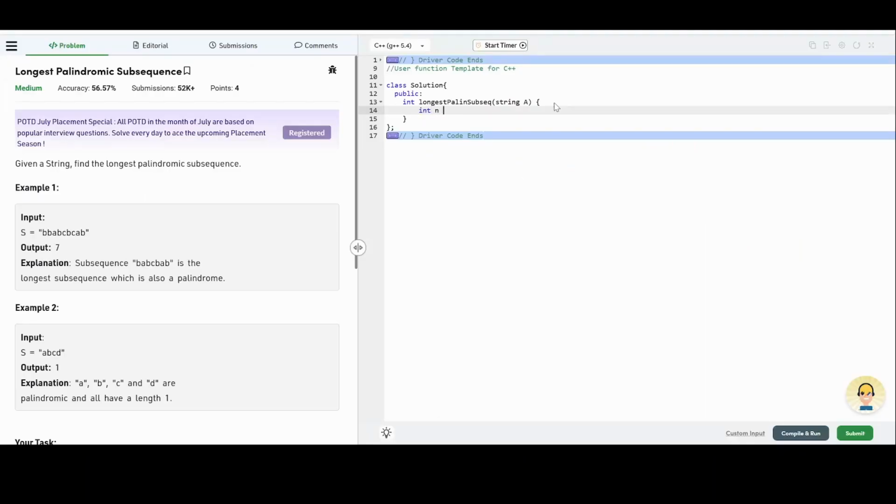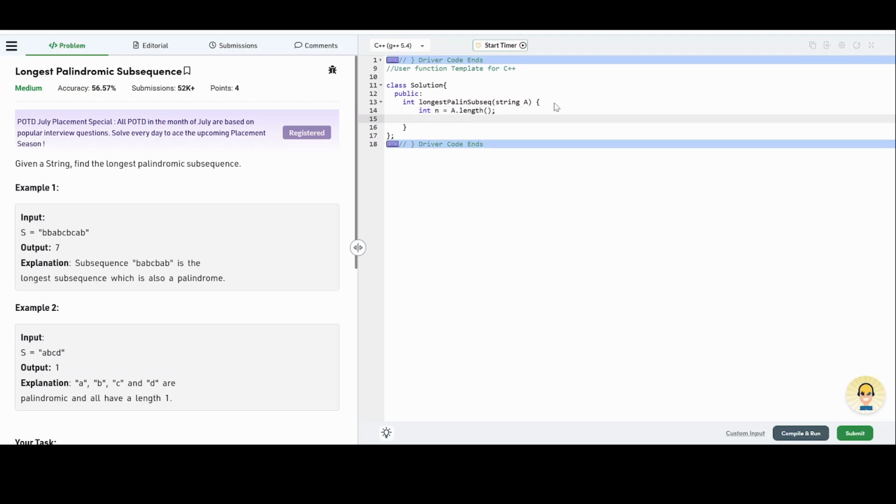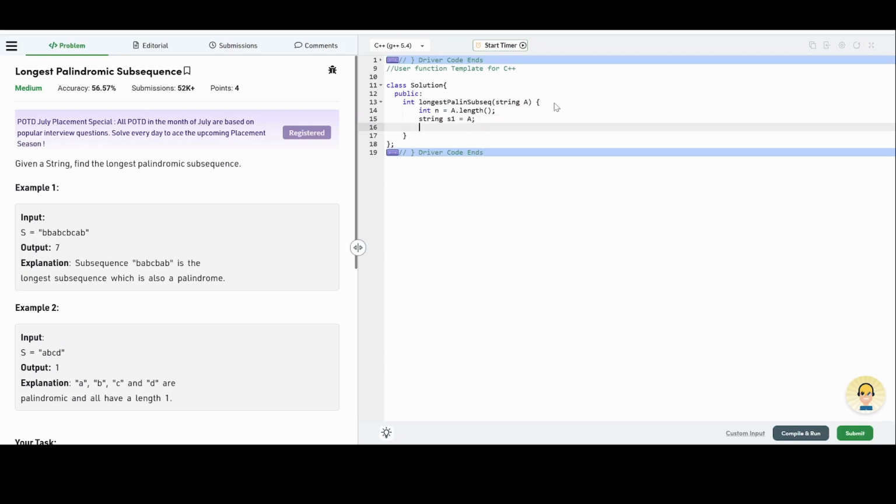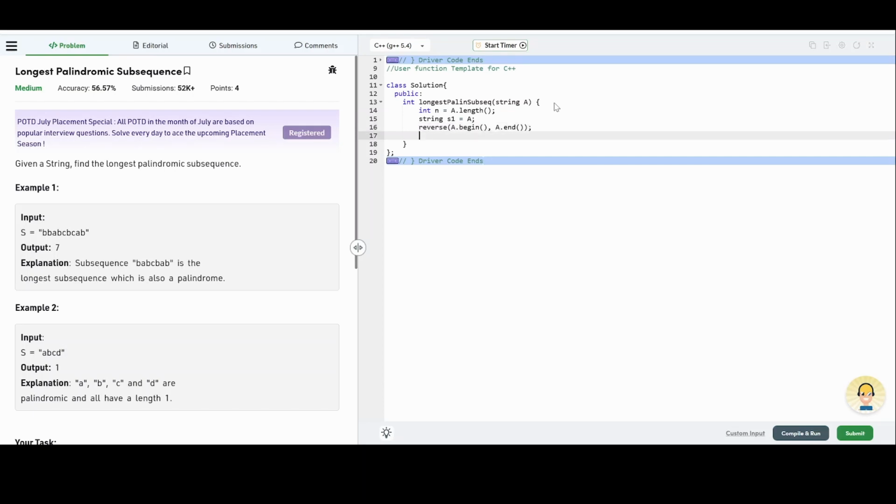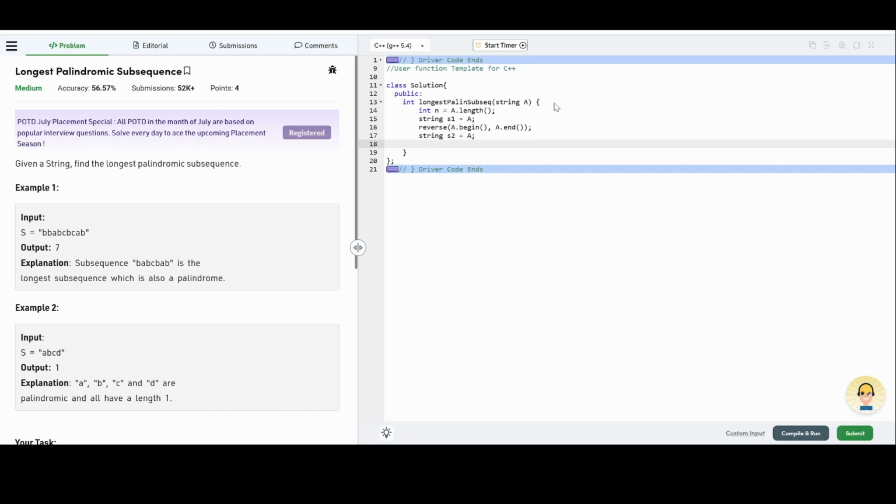So first n equals a dot length, let's say, and we have to find the LCS of this given string and the reverse string. So s1 will be our given string, and now reverse. So s2 will be the reversed string. And define DP. These are the lengths.